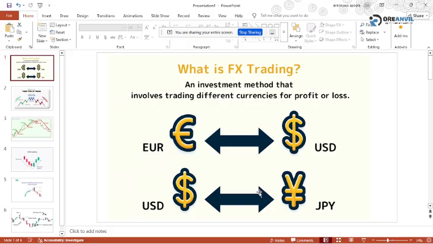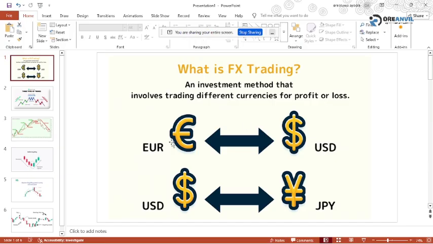So the currencies a particular country is using determine how we are going to make money in this Forex trading. So for instance, here, this is Euro currency. This currency belongs to the European country, while we have another currency here, which is US dollar. We all know this belongs to United States.